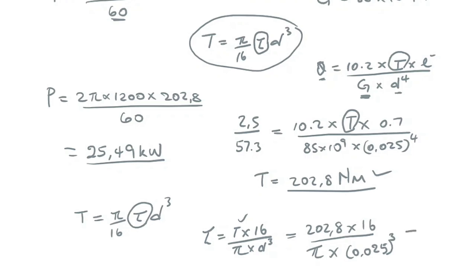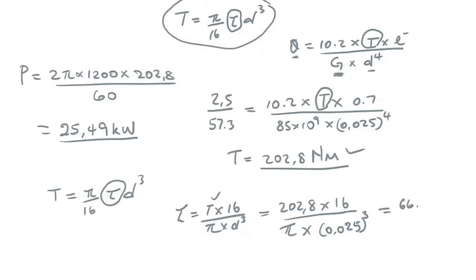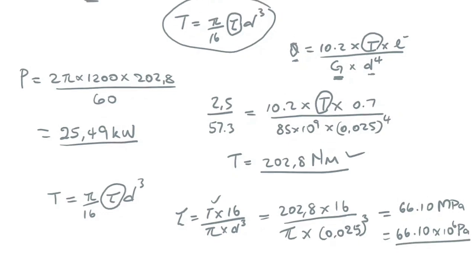Then from here we get the shear stress to be 66.10 megapascal. This is 66.10 times 10 to exponent 6 Pascal. That's what we're required to find from the statement.